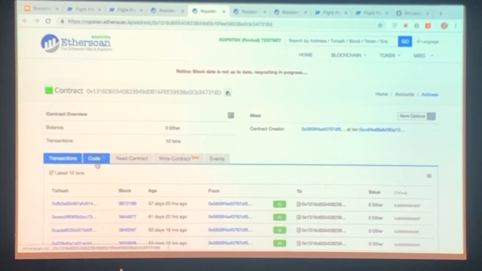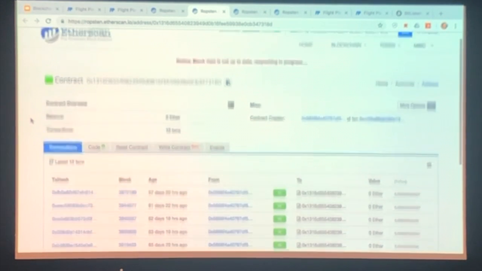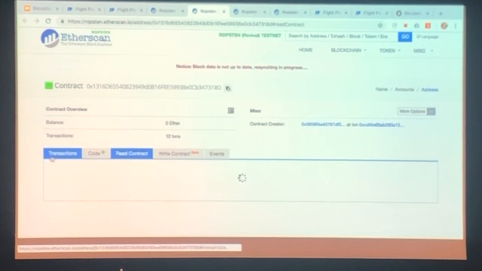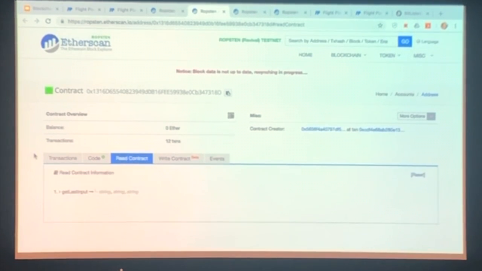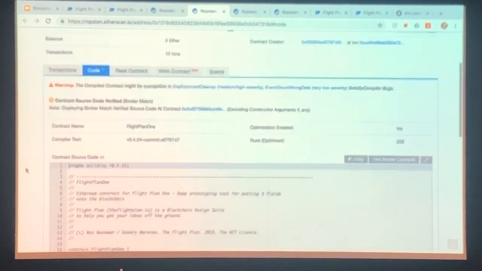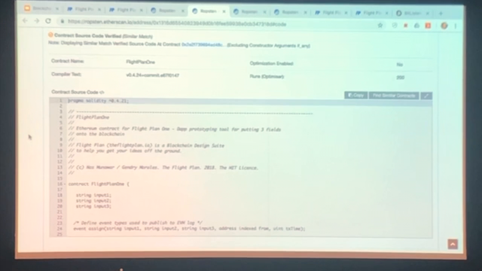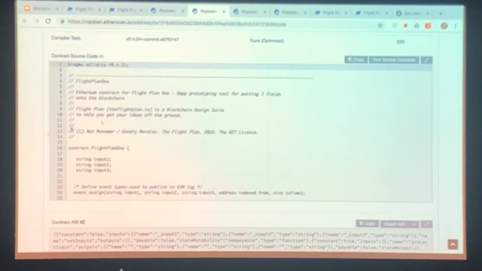This is a link to one of the contracts that's running it. I think this is Daisy chain here. You can see the contract name, Flight Plan 1, and anyone can go and look at these contracts whenever they want.